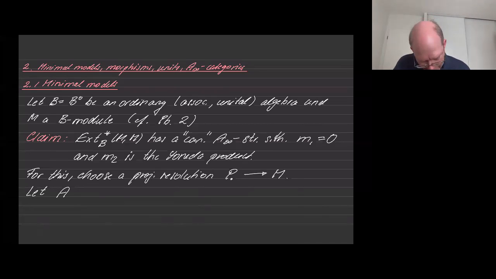So this is the Hom complex, Hom dot over B from P to P. First of all, this is a complex.